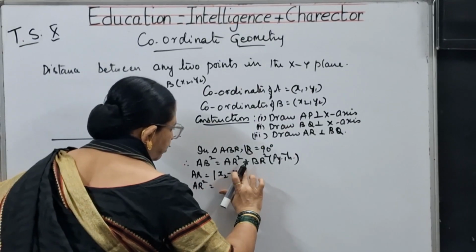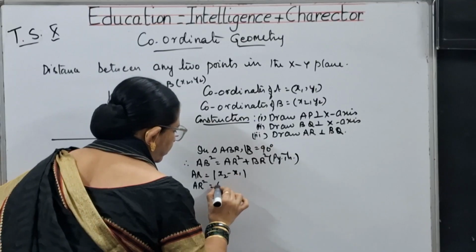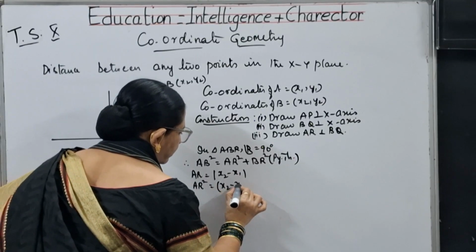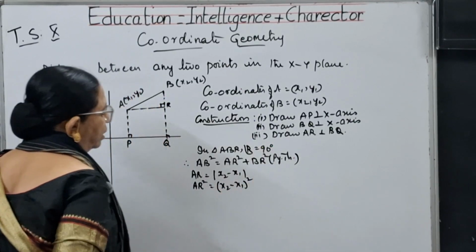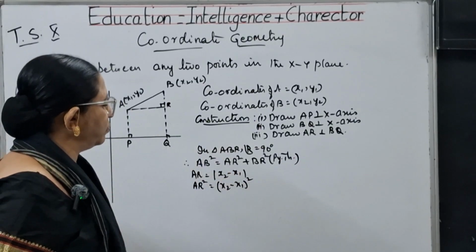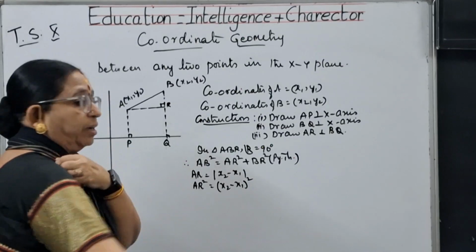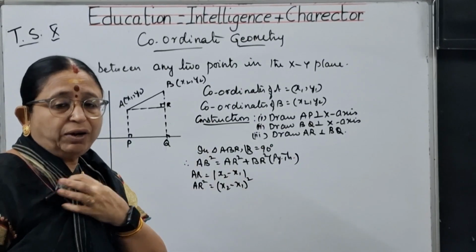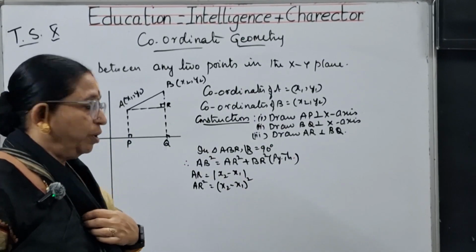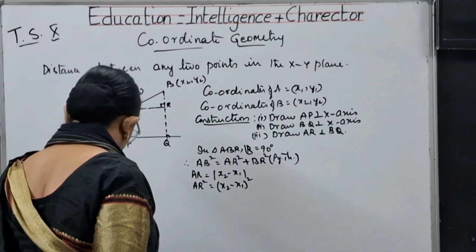AR square can be taken as x2 minus x1 whole square. Here we need not take modulus, because modulus in the sense we always need to take positive. So even if you have a negative value here, when you are squaring, you are going to get positive. So no problem, you can write it in this way.